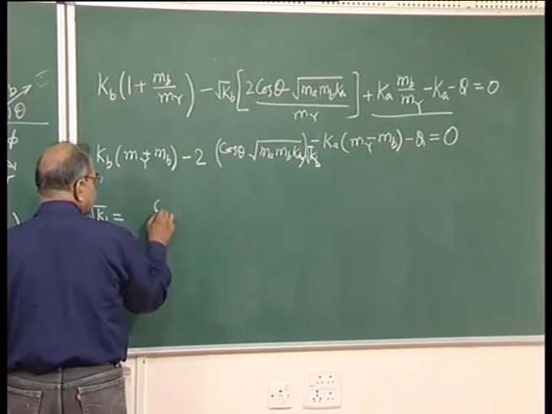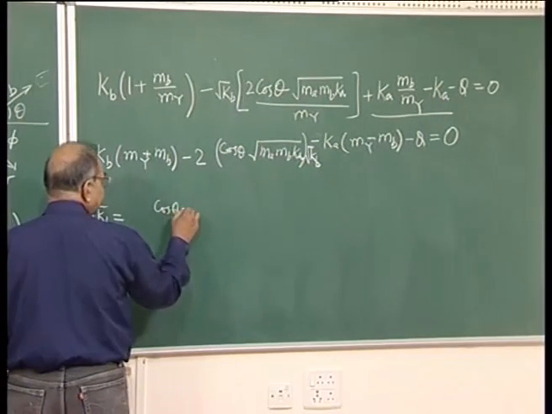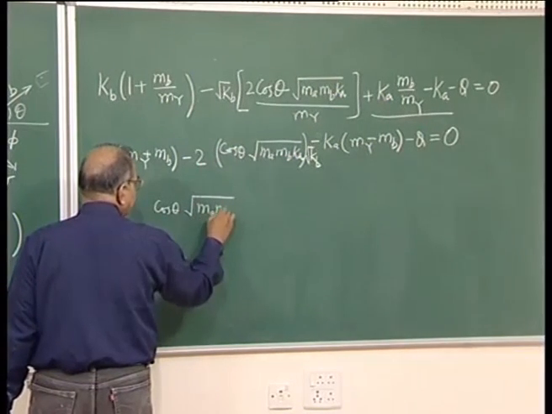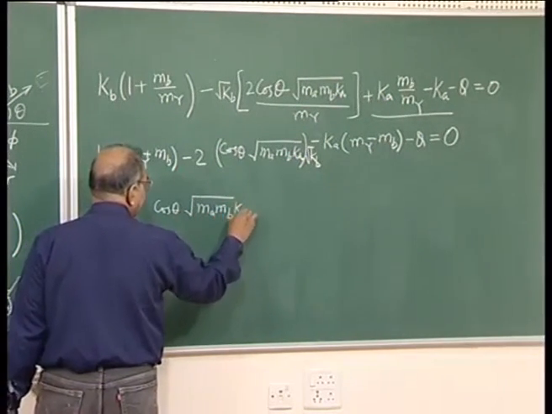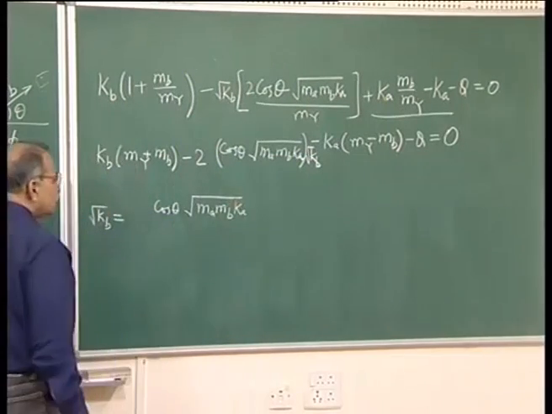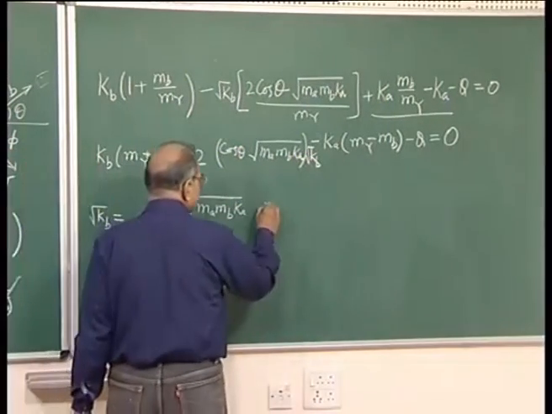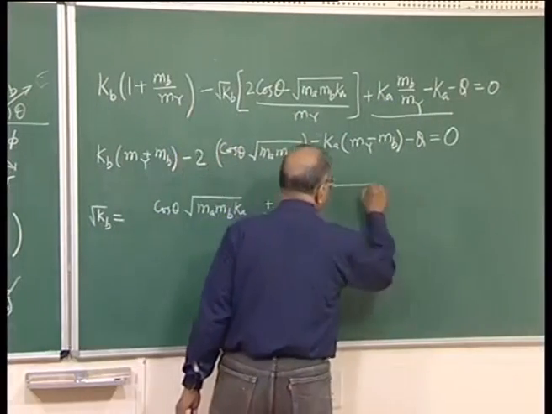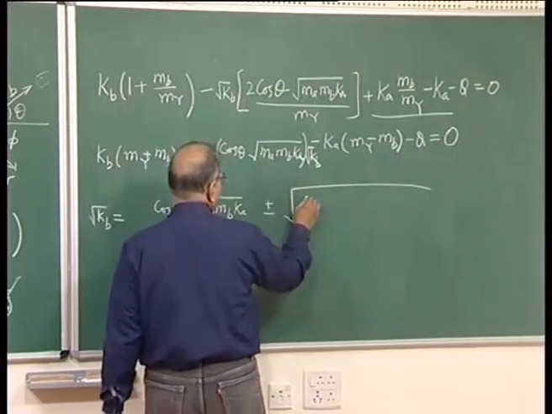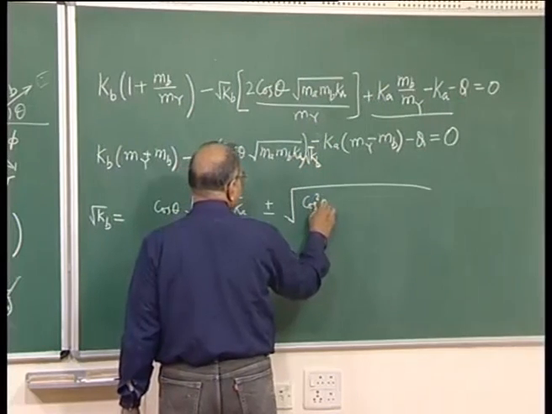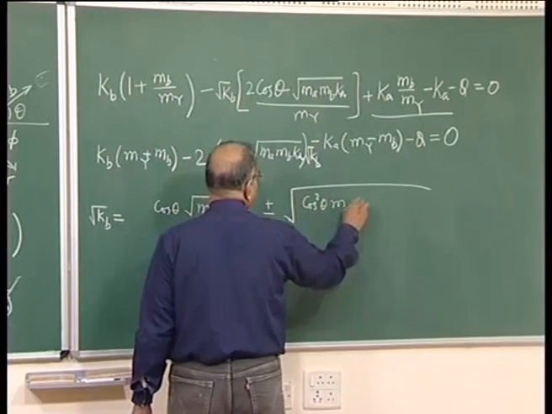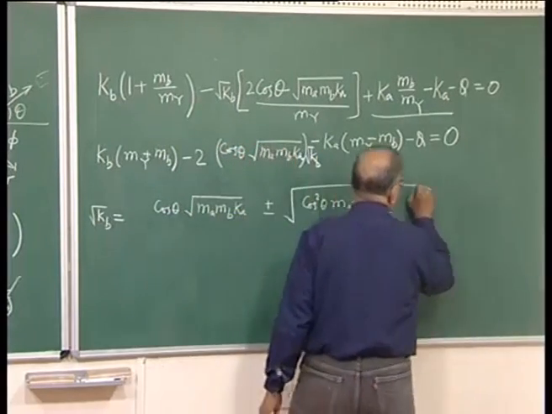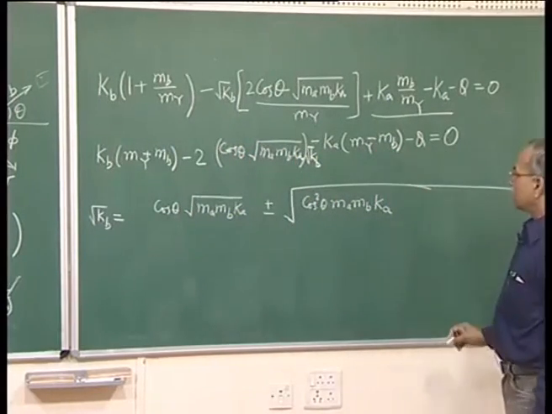So, root kb, if you write, this will be minus b, that is cos theta square root of ma mb times ka, plus or minus square root of b square minus 4 ac. So, it will be cos square theta and ma mb and then ka, and minus 4 ac.